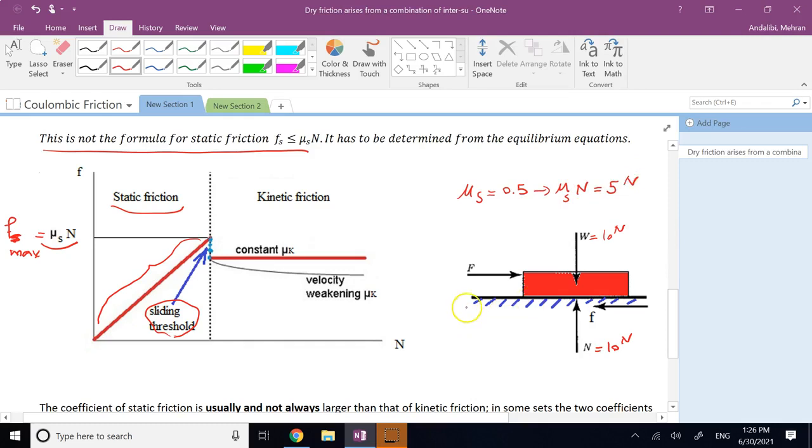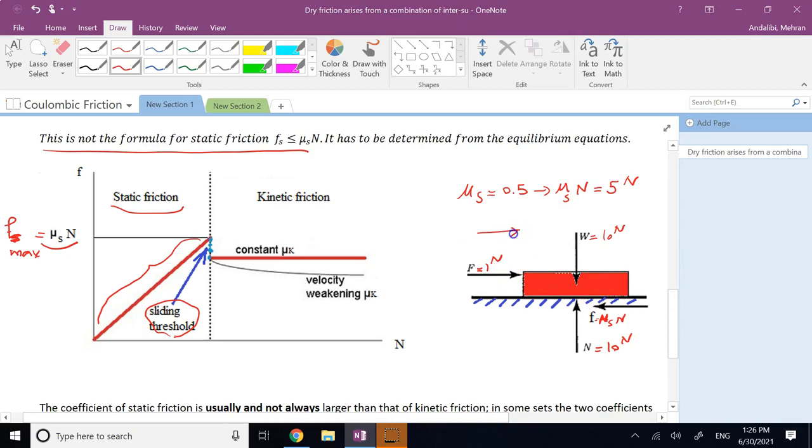Now, if I apply 1 Newton here, how much of friction does the surface give me? Well, that's one of the mistakes that I see some students make and say, hey, this is equal to mu s times n. No, it's not. The friction from the surface is just going to be enough for the object to not move in the horizontal direction.